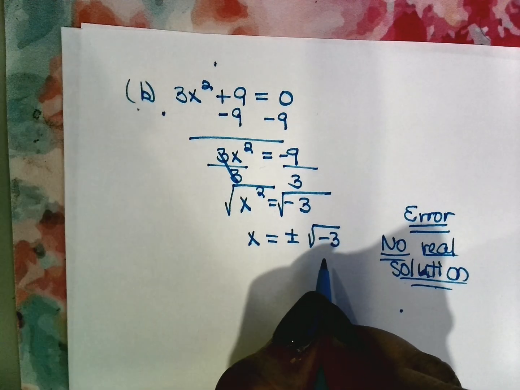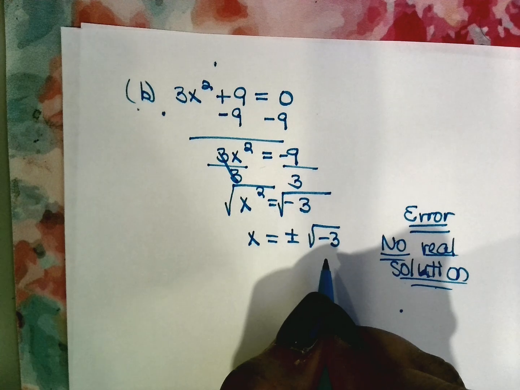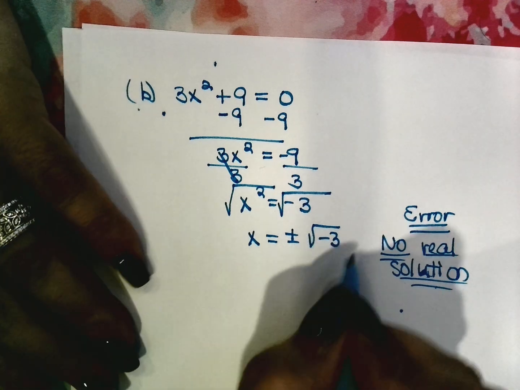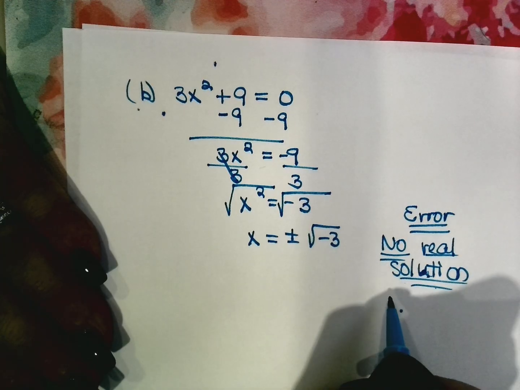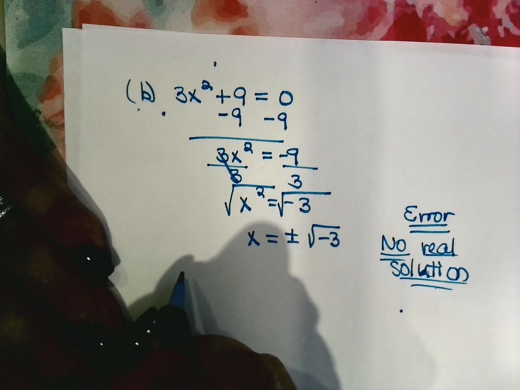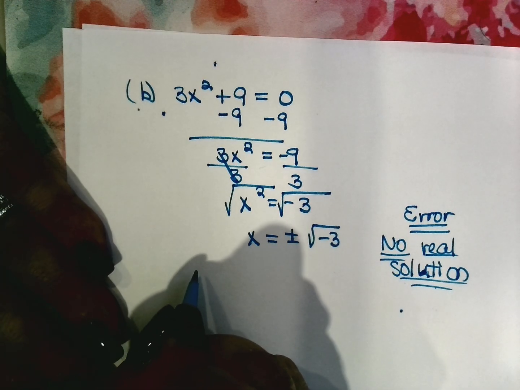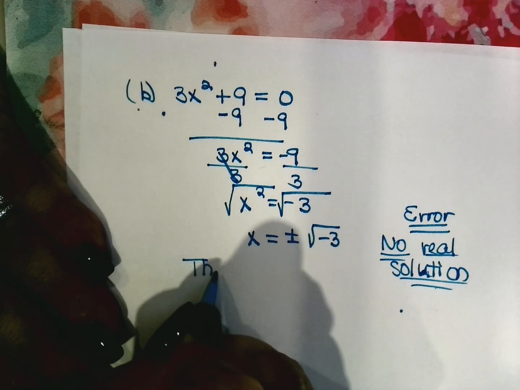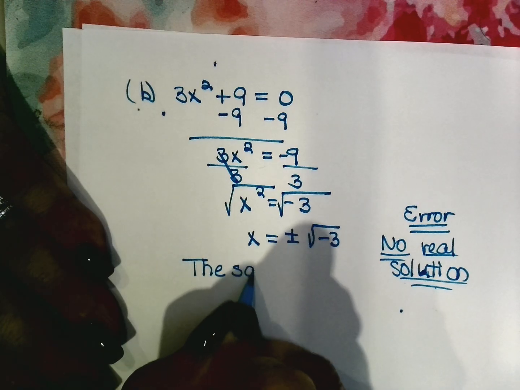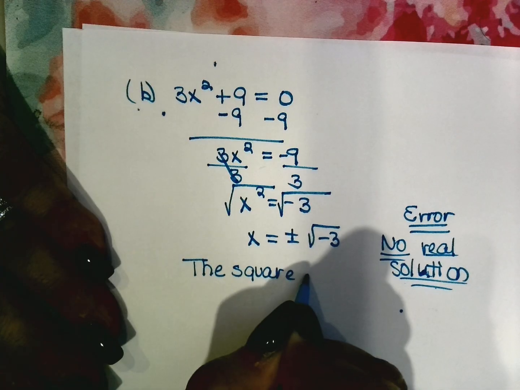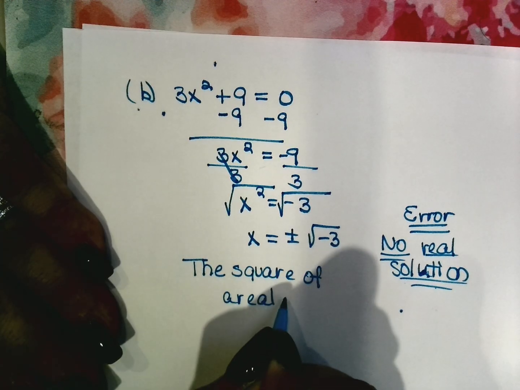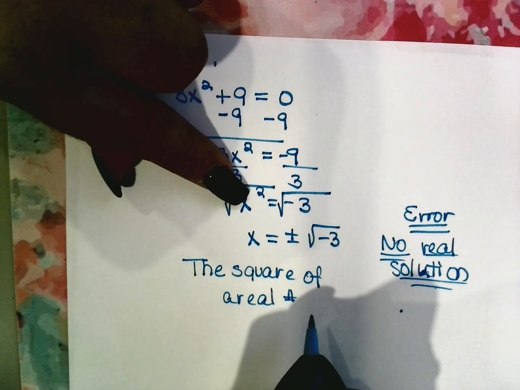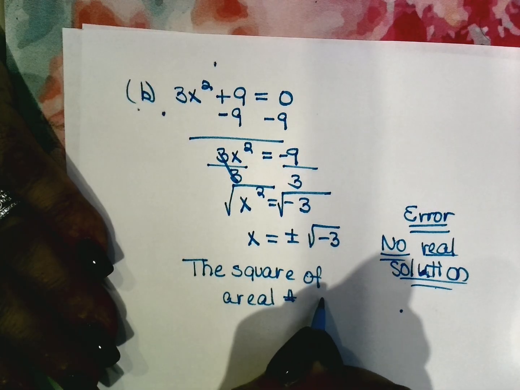So for us right now in lesson 3.1, now mind you, in a couple of lessons we will be able to work with this, but for right now, no real solution. So the square of a real number cannot be negative. For example, x squared cannot be negative 3.